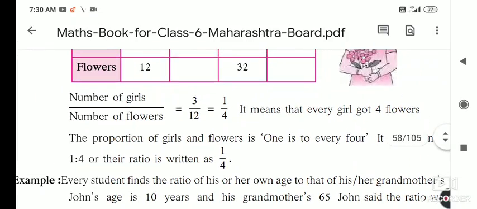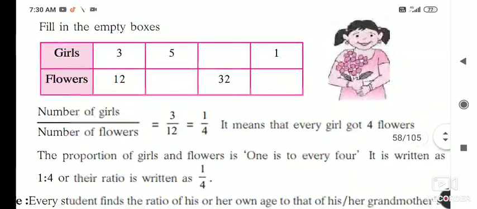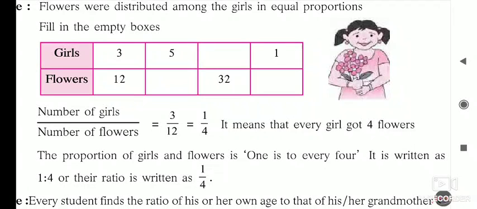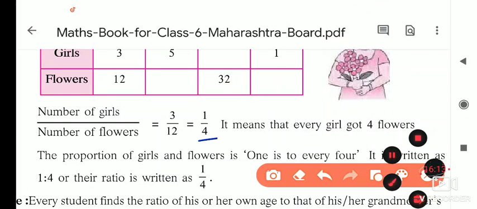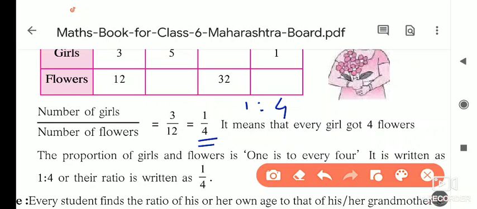The proportion of girl and flower is 1:4, so we multiply the number of girls with 4, then we get the answer. It is written as 1:4, or the ratio is written as 1/4. Same way we did it here: 3 fours are 12, 5 fours are 20, 8 fours are 32, and 1 four is 4. In this way we complete this box.